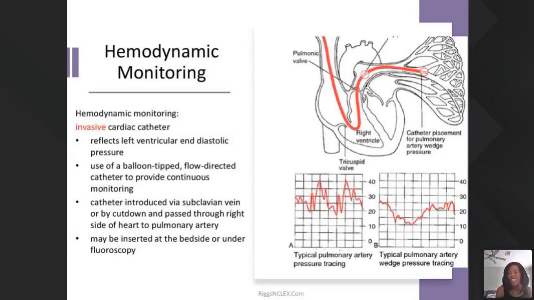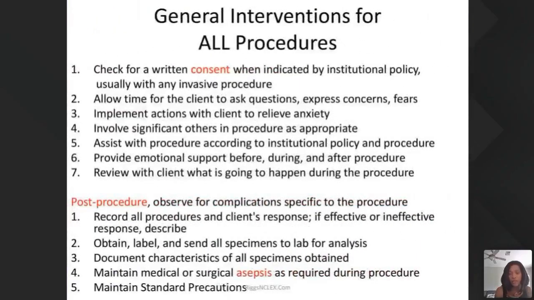The catheter is usually introduced into a large blood vessel, and the purpose of it is to monitor the pressure in your heart, but very, very invasive. As you can see here in this picture, whenever you're accessing a large blood vessel, there's so much risk: infection, hemorrhaging, perforation, okay? But that's hemodynamic monitoring.